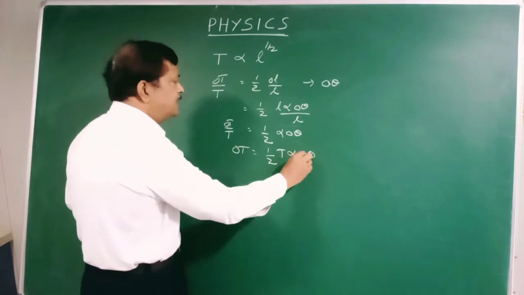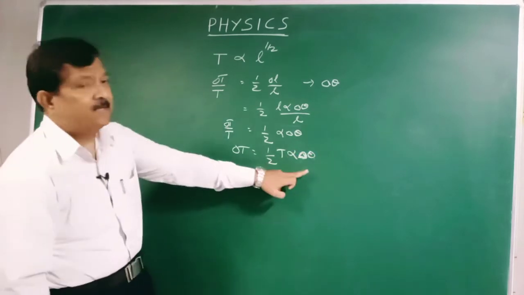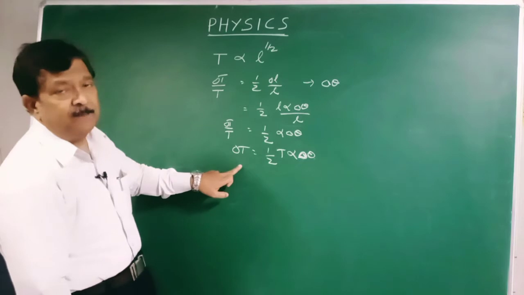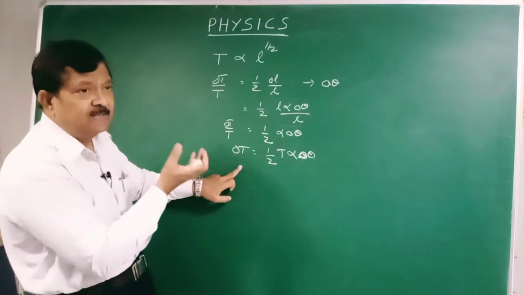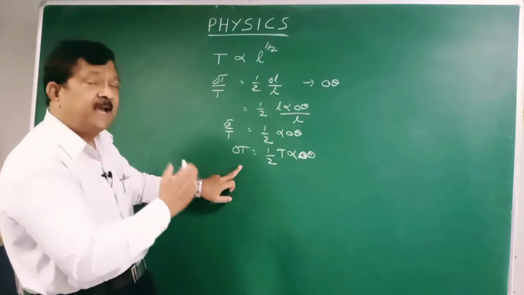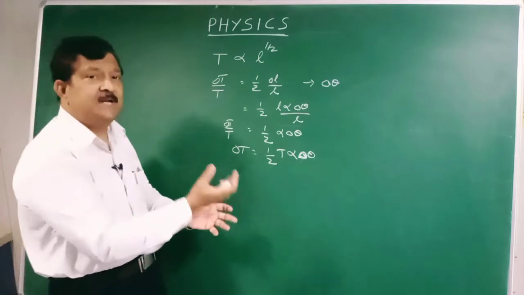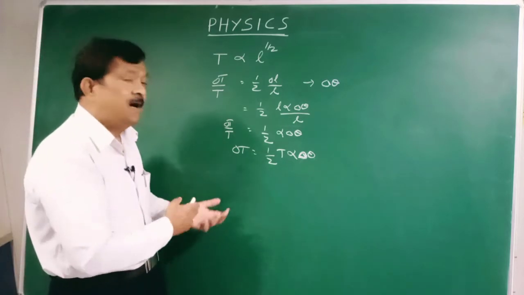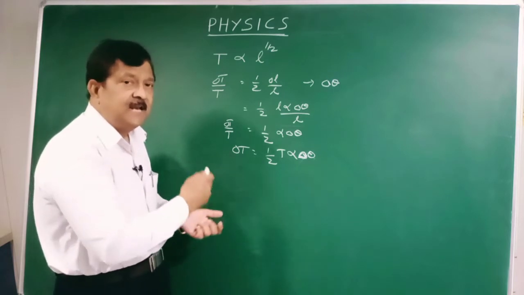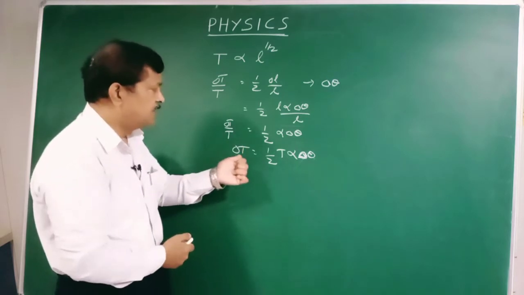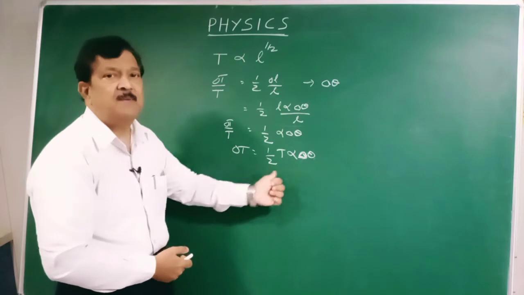Here delta theta represents the change in temperature and delta T represents the change in time, loss of time or gain of time. Because in hot summer there will be a loss of time, or in very low temperatures there will be a gain of time. So delta T we can measure from this equation.